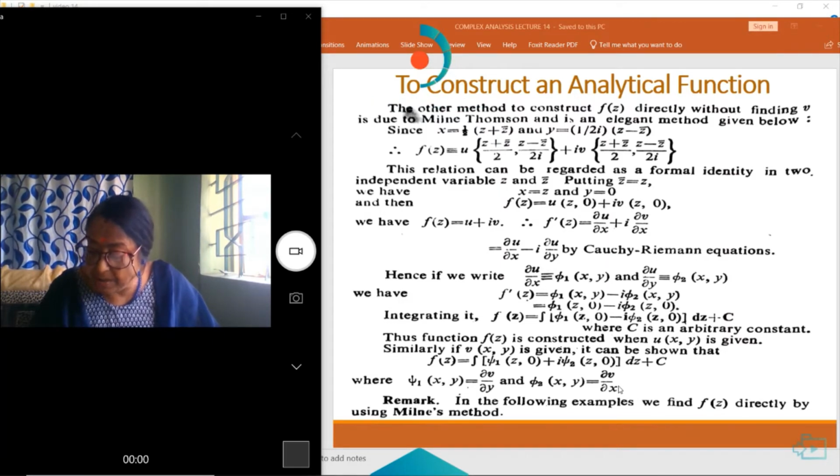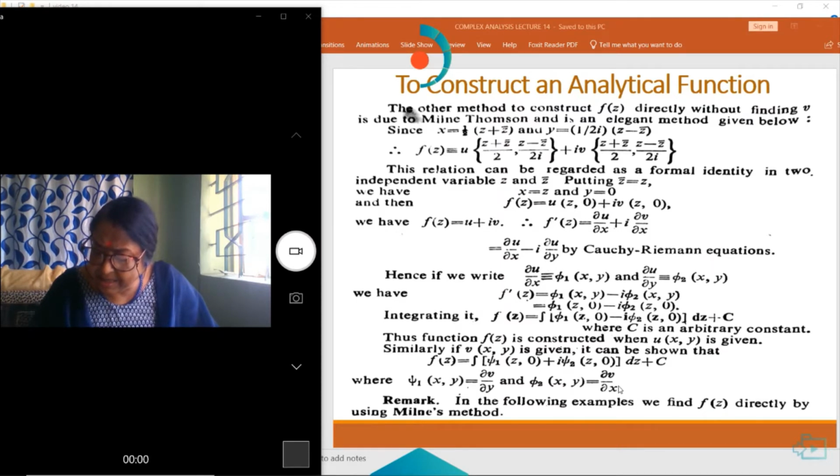Putting z bar equal to z, we get the calculation seen on your screen, and f(z) = u + iv. Then f(z) can be written as u(z, 0) + iv(z, 0).